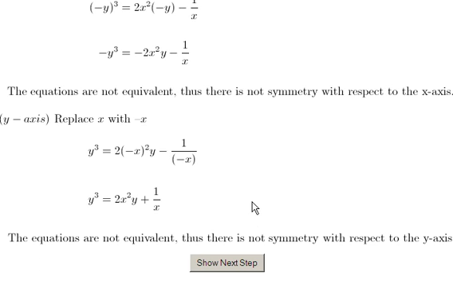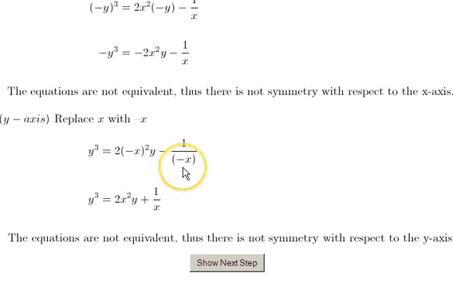And to see if the curve is symmetric with respect to the y-axis, we will replace x with negative x. And so here's the original equation with x replaced for negative x. And this negative x squared becomes x squared.